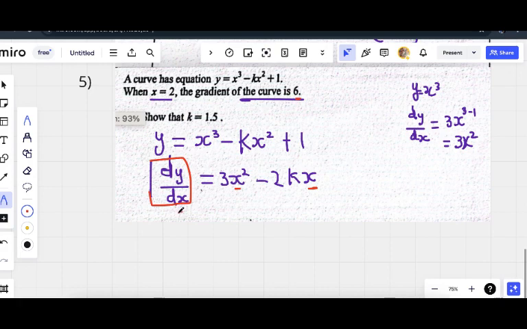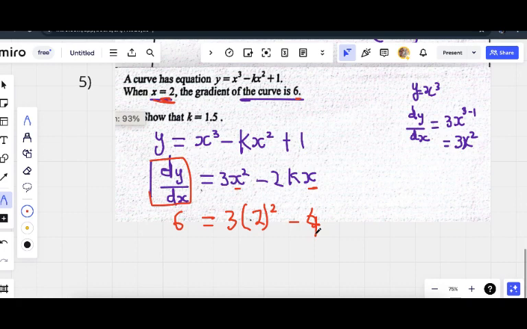So I say 6 equal to 3, this 3, into, they say x is 2, so you have to replace x with 2. So here we write 2 to the power of 2. And then minus 2 times 2, that's 4, so I have 4k here.